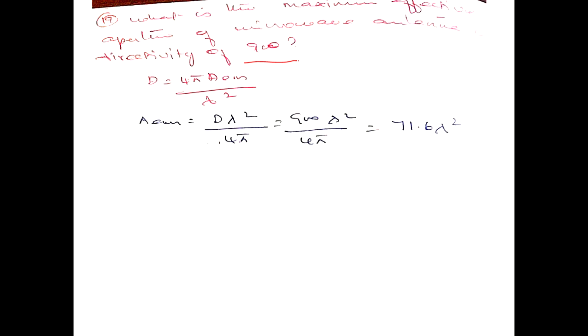That's all. The direct formula is D equals 4 pi AEM divided by lambda square. Since the frequency is not given, the answer can be in terms of lambda. Just substitute the value of D, it is the only given value. Substitute and simplify, and you will get the effective aperture equal to 71.6 lambda square.